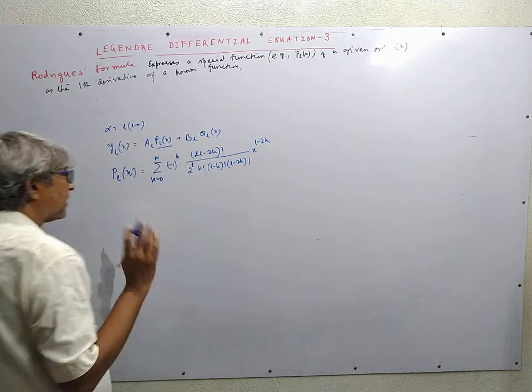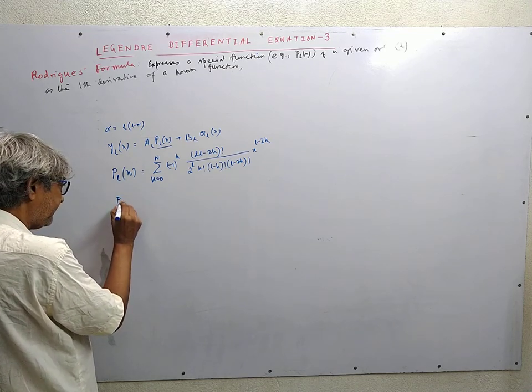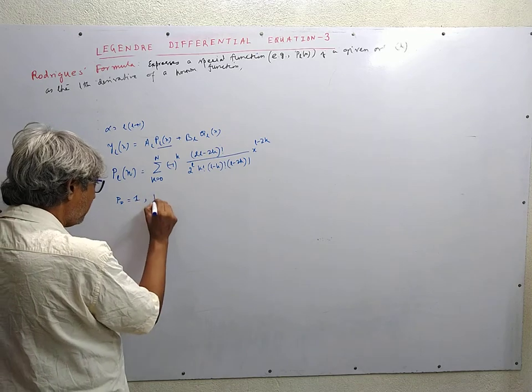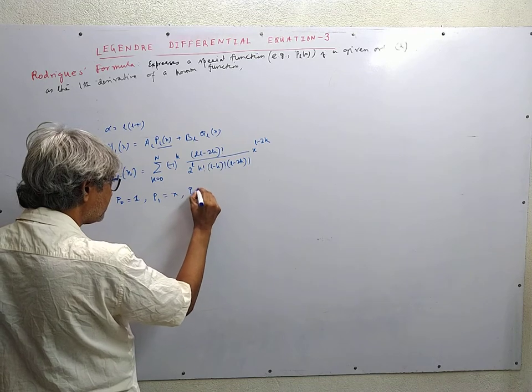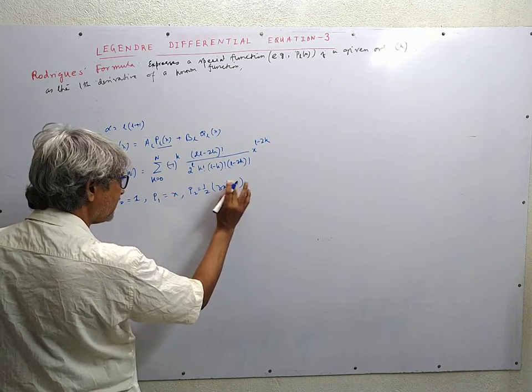So that much we have done, and we used this expression to find P0 is equal to 1, P1 is equal to x, and P2 is equal to half into 3x square minus 1.